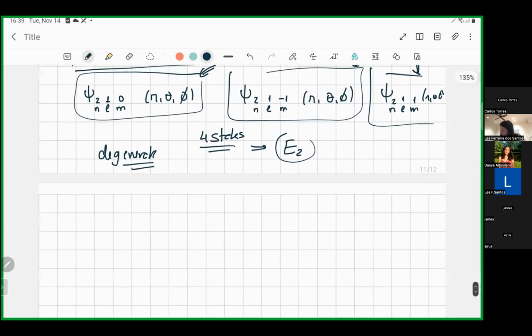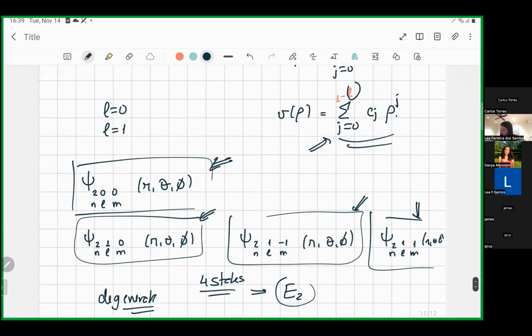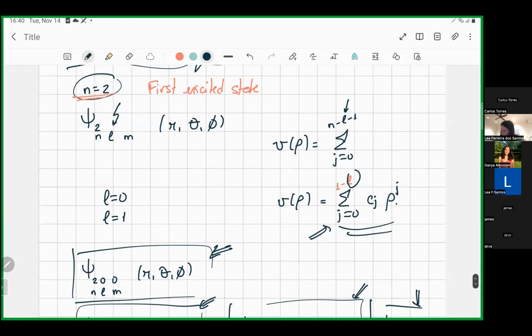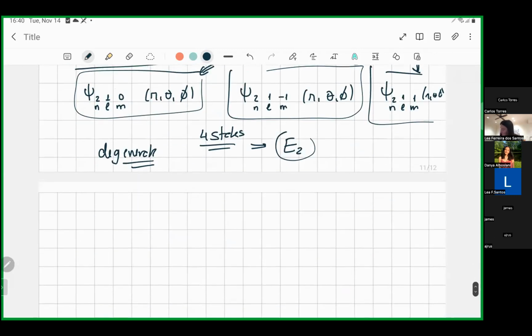Okay, so we are going to try to find these solutions. But let me try to explain the L with respect to the N. So what we are finding is, remember this series, that it goes from J=0 to N minus L minus 1. So how do we decide this value here?